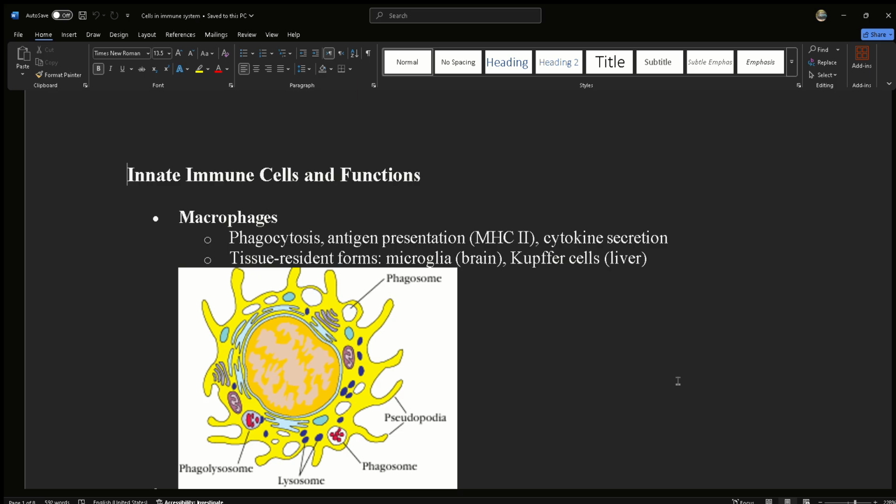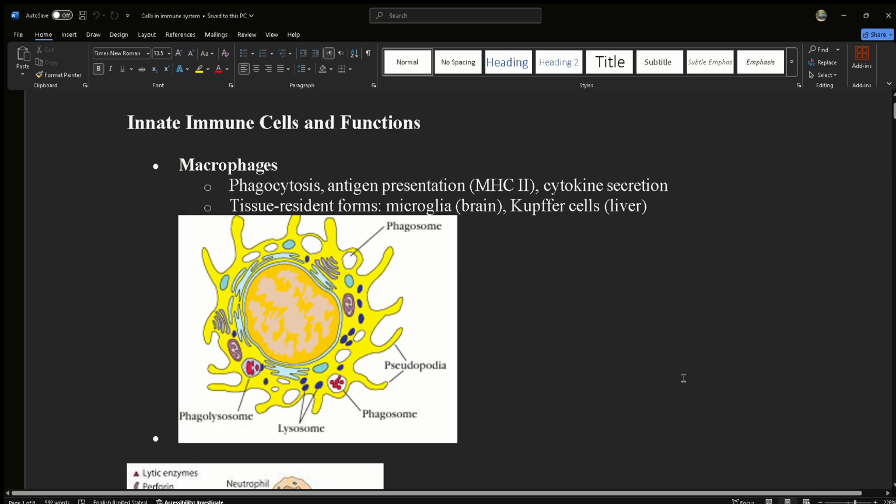So we cannot totally say that macrophages are contributing towards innate immunity only, because there are antibodies which will inform the macrophages, and we know antibodies are part of adaptive immunity.